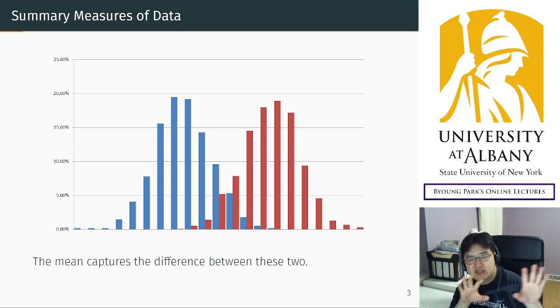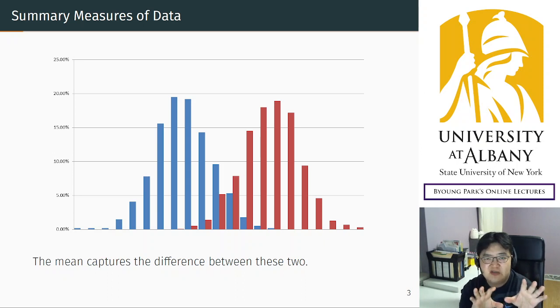And in this case, you can clearly see the difference between the blue and the red. In this case, the major difference is where they are located. So the blue is located around this point, say here. This is the center of the blue. On the other hand, this is the center of the red.